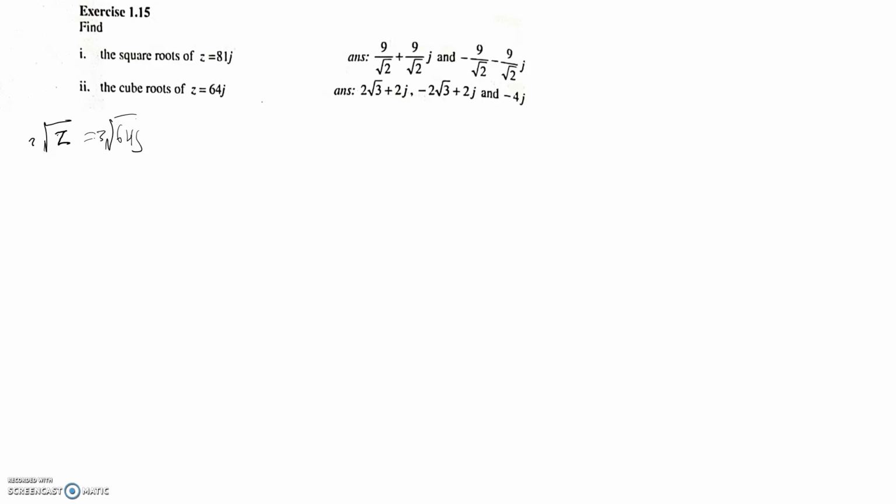Let's write down the formula again. For any root of a complex number, where n is the root, we take the nth root of the modulus times cos of theta plus 360 times k over n, plus j sine of theta plus 360 k over n.